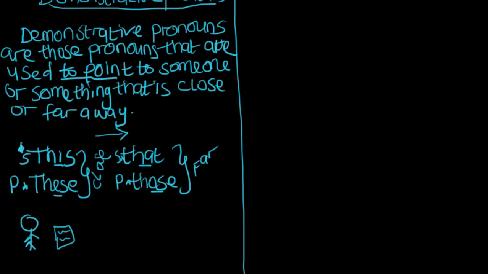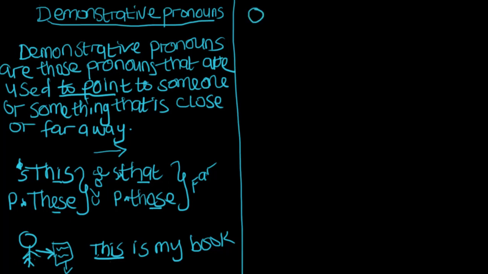Now the person wants to point to this book to say, okay, this is my book. Because the book is one, we have just one book, and it's close to me, that's why I'm using this. This is my book. So this is used for something that is close and that is just one.